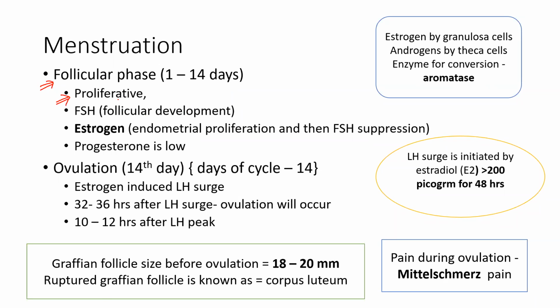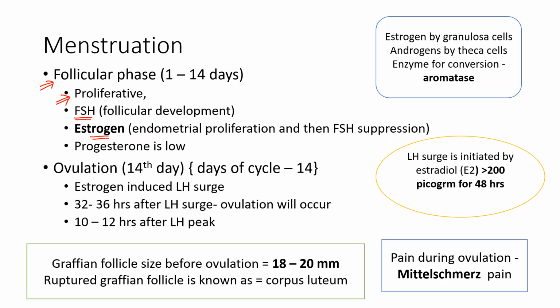Proliferative phase. And what helps in the proliferation, or when we say a follicular phase? So follicular development occurs. The hormone necessary for the follicular development is FSH. Now, we have already said it's a proliferative phase. That means endometrial proliferation should occur, and for endometrial proliferation, we have estrogen.